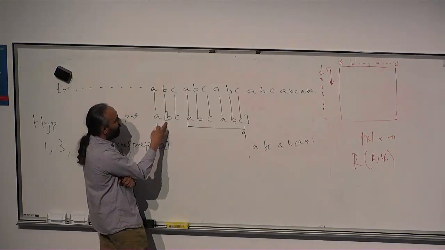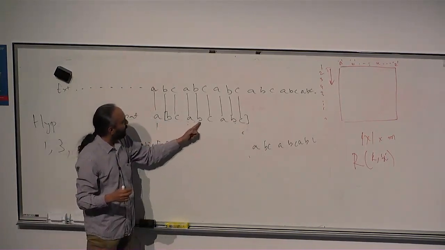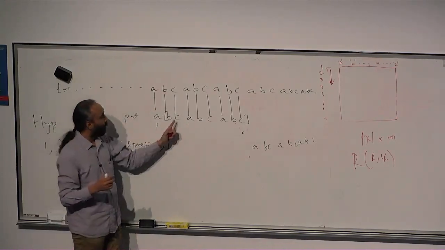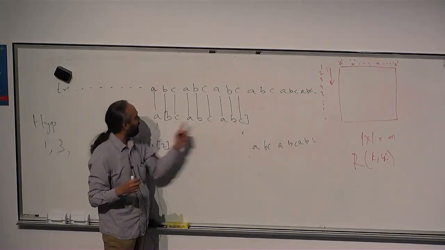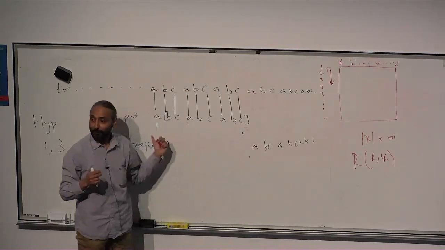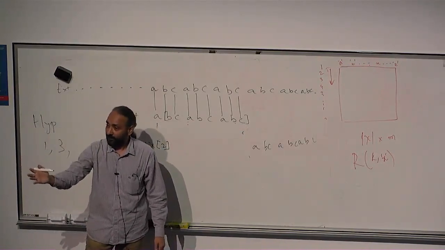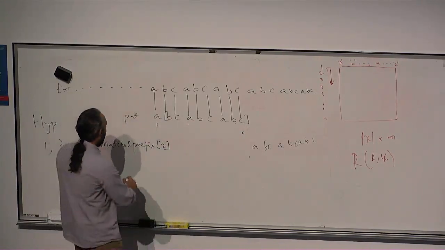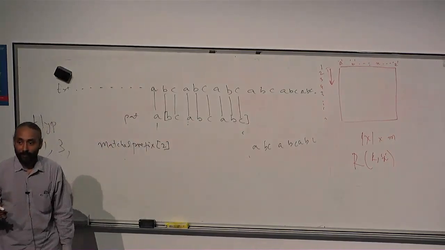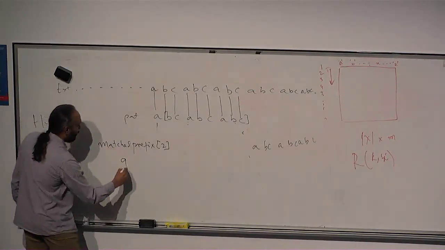So clearly you can do it naively. BCABCABC, does it match the prefix? No. What about CABCABC, does it match the prefix? No. Next, ABCABC, does it match the prefix? Yes. How many characters was that? 6, right? So what do you shift by? Your total length was 9.